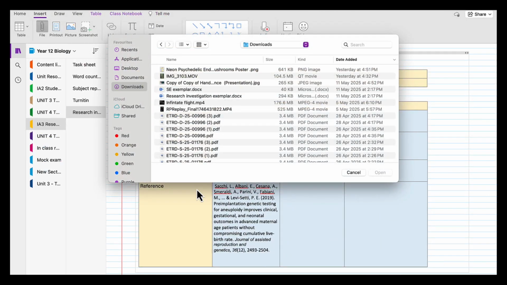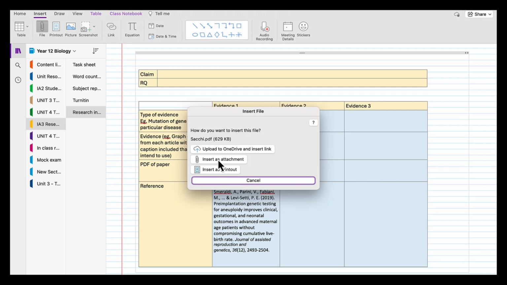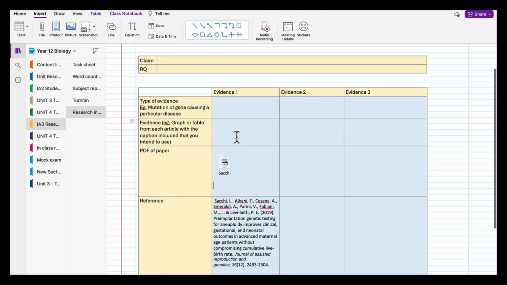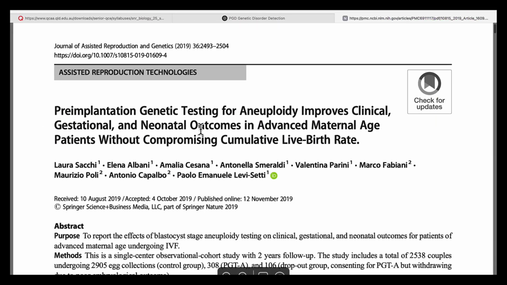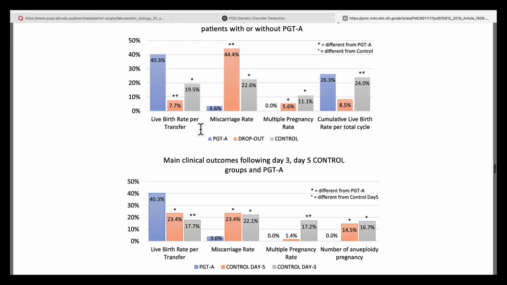We're going to go into this OneNote and add it. So we've got the reference, we've got the paper. Now we're going to go back to the paper and take a copy of the data we're going to use.